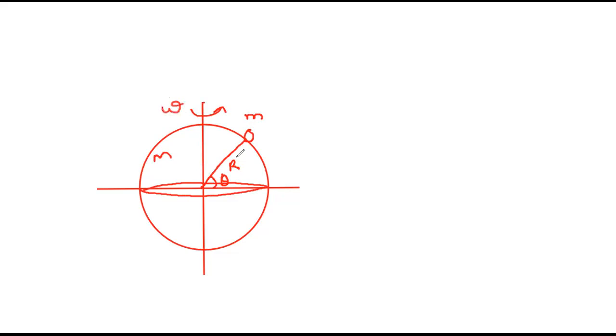When Earth rotates with angular velocity omega, then the body of mass m performs rotational motion of radius small r equals R cos theta, because this is theta, this is theta.